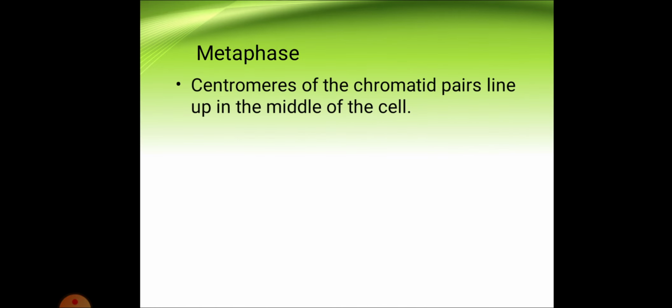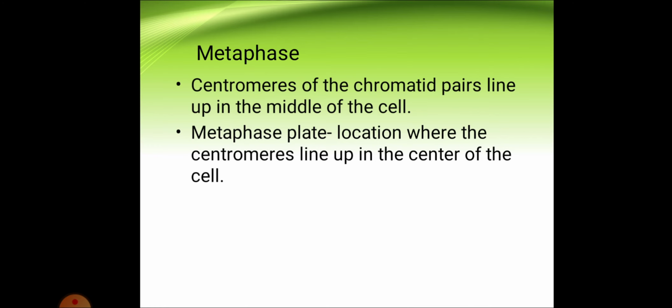Going through sa ating topic, next is metaphase. Ang ating second step, metaphase. In metaphase, centromeres of the chromatid pairs line up in the middle of the cell. Yan po ang isang definition or process ng metaphase. The metaphase plate is the location where the centromeres line up in the center of the cell.